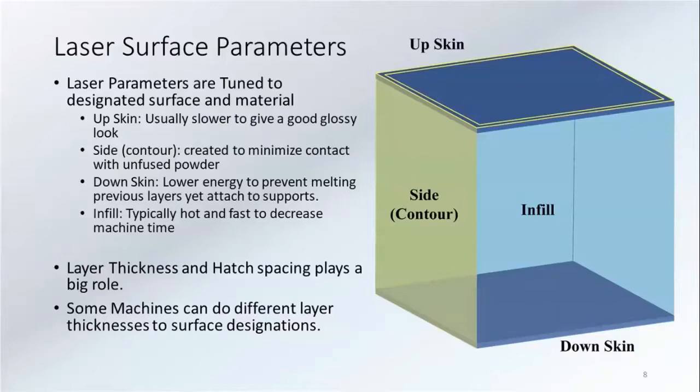Same with the contours. I have 2 contours up there on the top of that upskin that you can see. When I do the contour, we will sometimes do one as a pre-contour and one as a post-contour. Sometimes we'll do 2 pre-contours. Each machine manufacturer is a little bit different, and they claim theirs is the best.